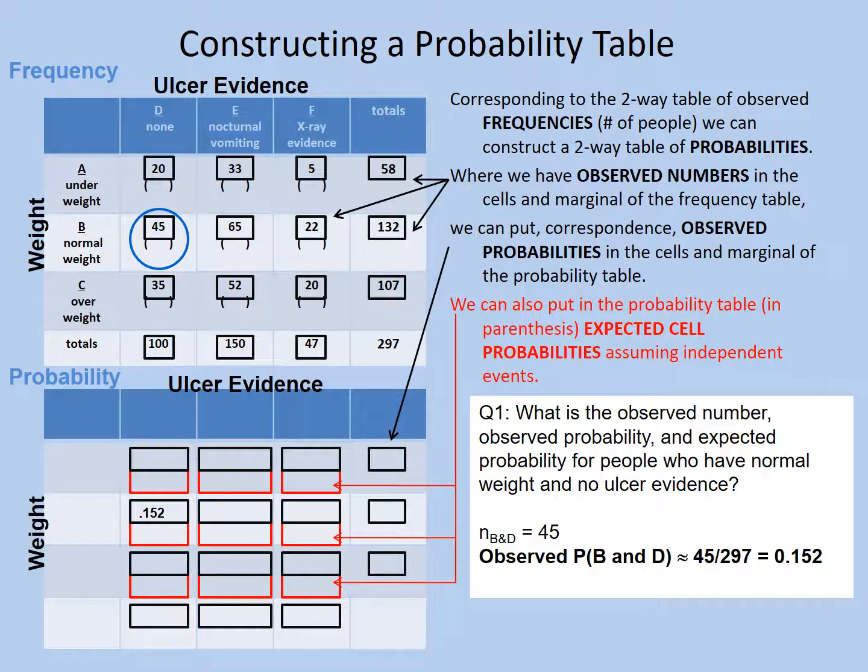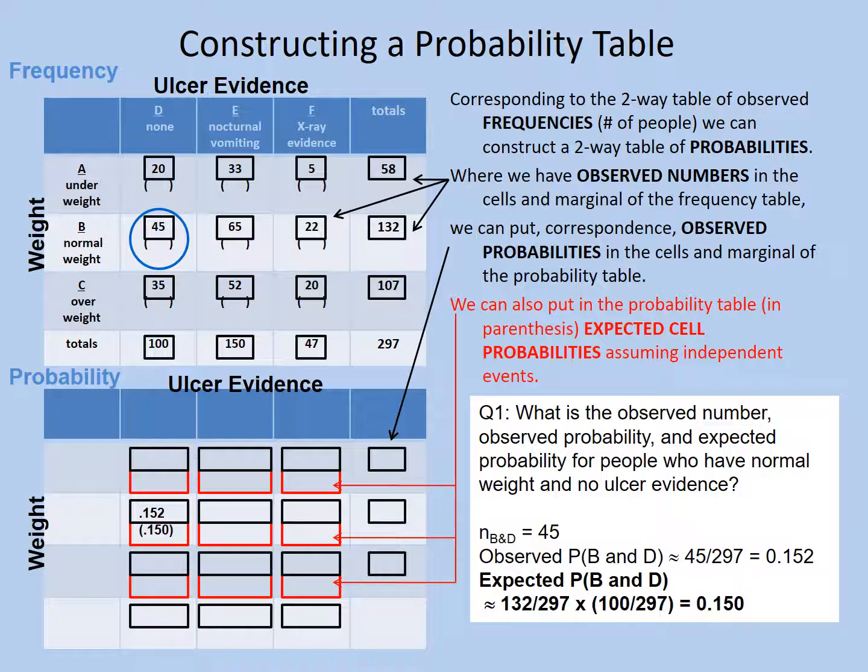The observed cell probability of B and D is found in the bottom table, and that's computed to be 45 over 297, or 0.152. The expected cell probability of B and D is given by the product of the two marginal probabilities, 132 over 297 and 100 over 297, which equals 0.150, which is also shown in the bottom table of probabilities.